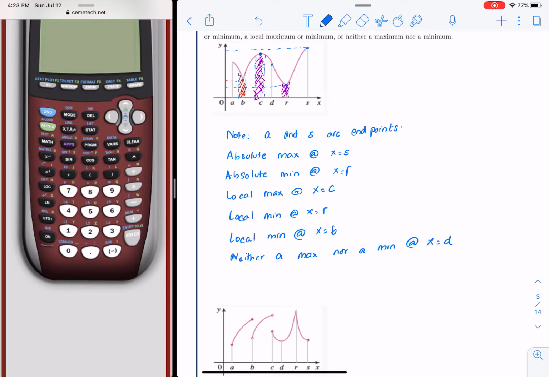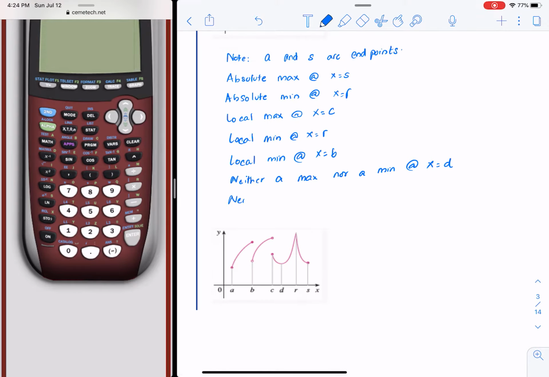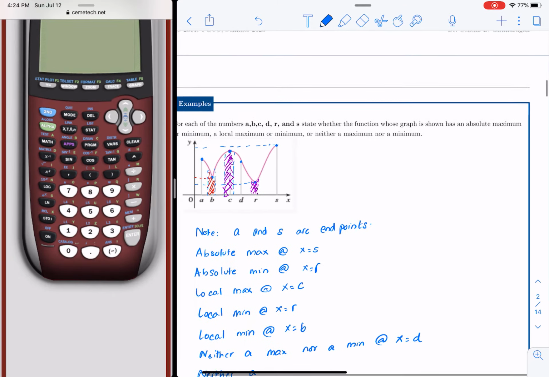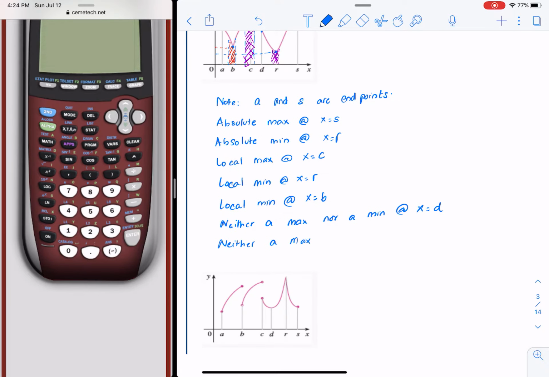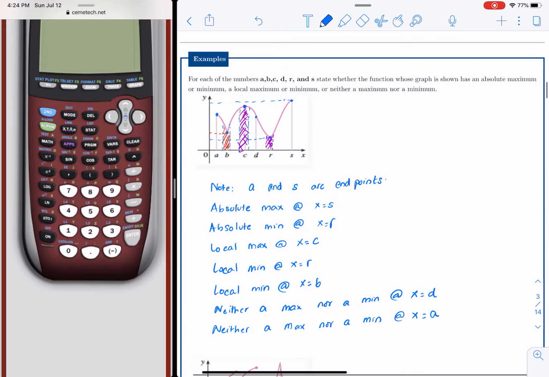And if you look at A, it is the same argument, even though it is an endpoint. There are other values that are smaller or larger than what we see at x is equal to A, so neither a max nor a min at x is equal to A. A very, very important thing to note is the absolute max at x is equal to S. So even though we have an absolute max, this cannot be a local maximum.